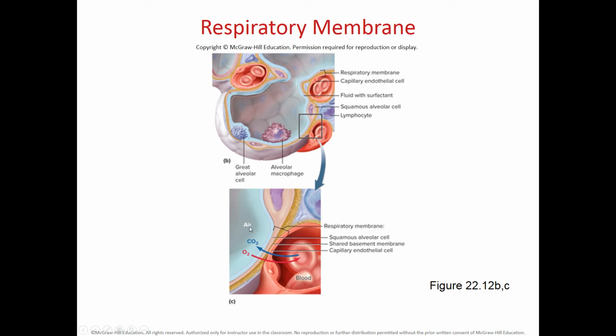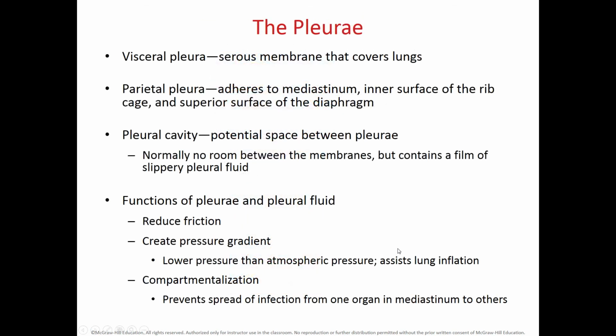So CO2 is exhaled, oxygen is inhaled and brought into the capillaries. So this is the respiratory membrane: squamous alveolar cell, capillary endothelial cell, and shared basement membrane. It's very thin, so that's why you have rapid diffusion.